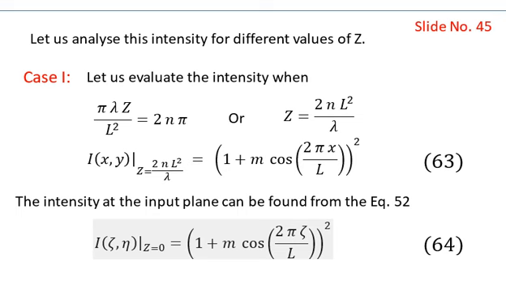So this is the intensity in equation number 64, that is the input intensity at the input aperture at the grating. This is the input intensity, and equation number 63 is the intensity at the output plane.